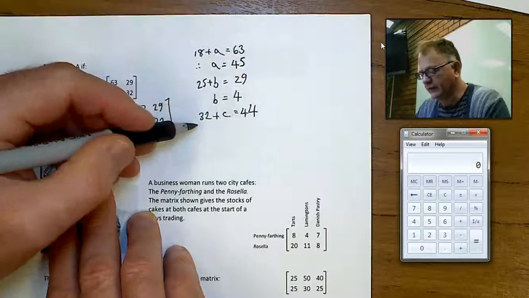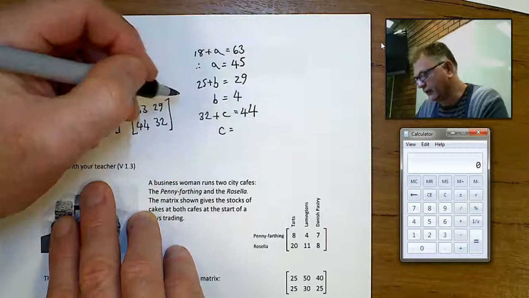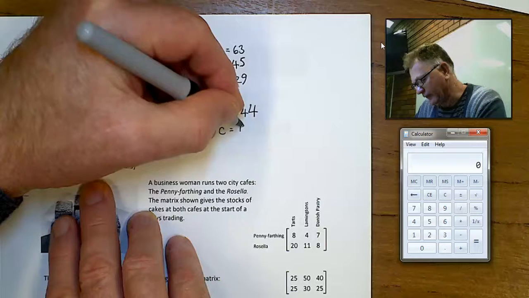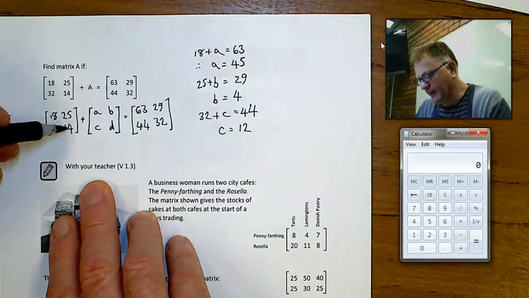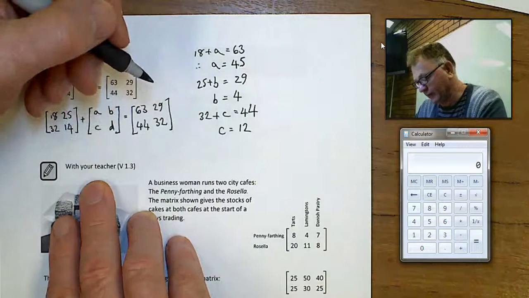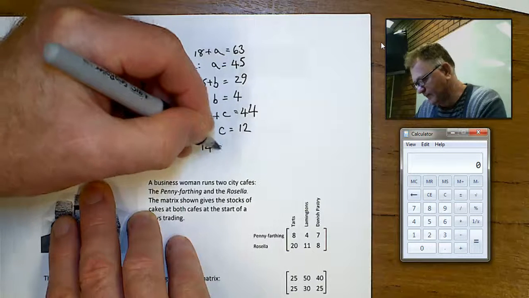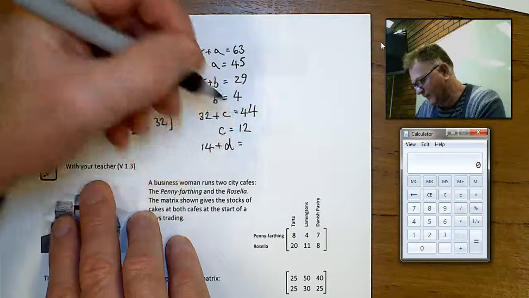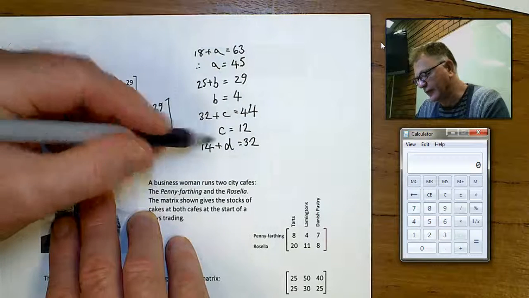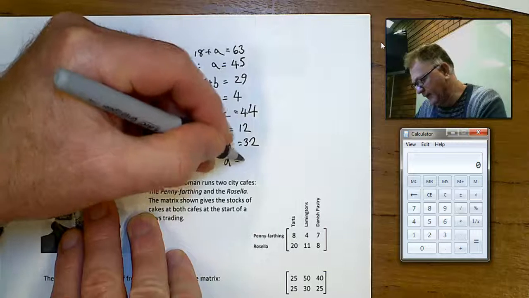Take away 32 from both sides of the equation and we'll have C equals 44 minus 32, C equals 12. And finally, 14 plus D equals 32. Take away 14 from both sides of the equation, D equals 18.